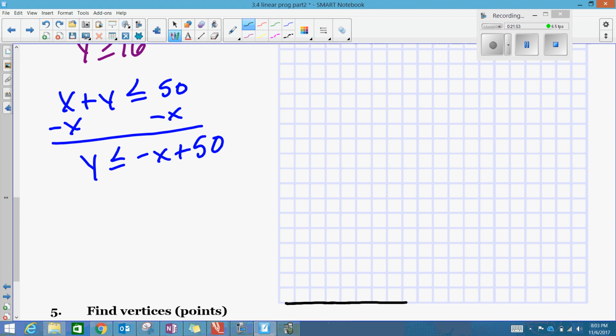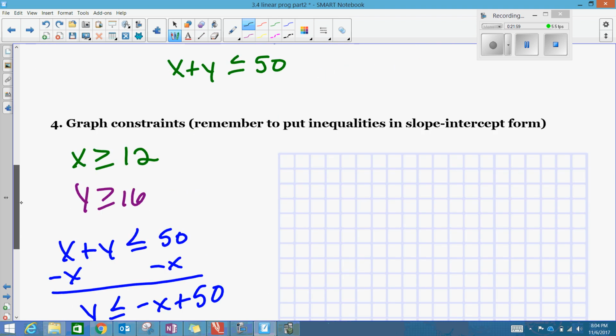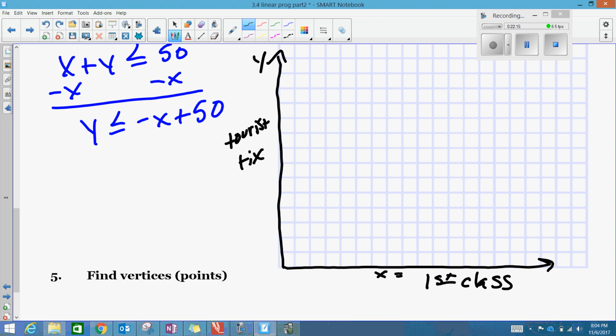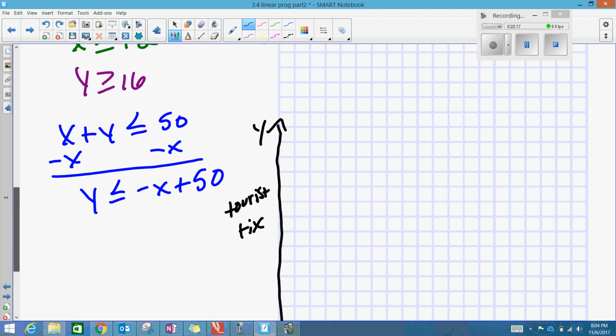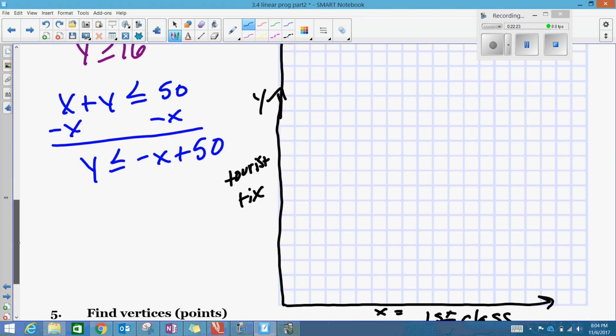So right here, we're going to let this be the x-axis, and it stands for first class tickets. And this will be the Y, and it stands for tourist tickets. And we're counting by 5s. First, X greater than or equal to 12.